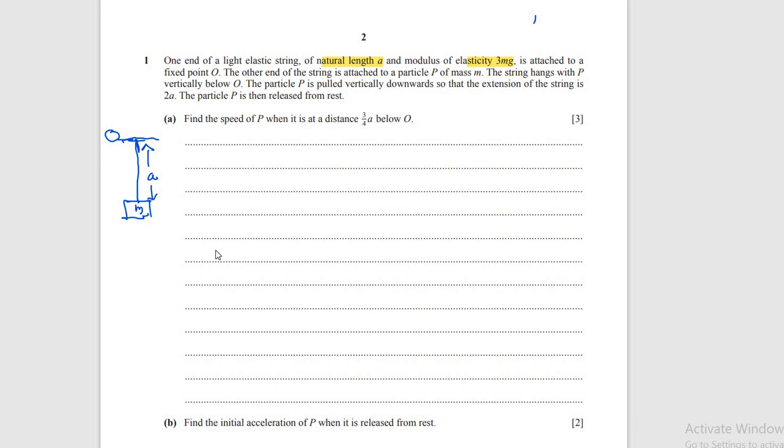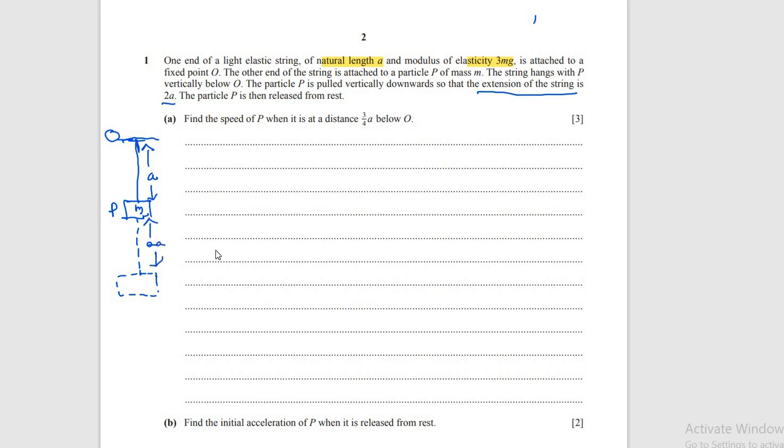Now, the string hangs with P vertically below O. The particle P is pulled vertically downward, so the extension of the string, the extra length, is 2A.